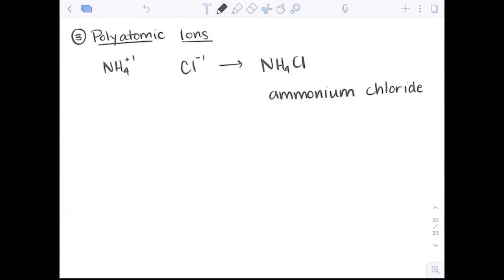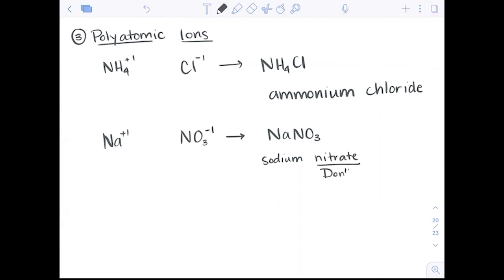Now, if we were to switch this up and say something like sodium and NO3-1, which is our nitrate polyatomic, we still bring the formula unit together, same as before, 1-to-1 ratio. But now, instead of changing the ending on the anion, because the anion is a polyatomic, we just keep the name of the polyatomic.